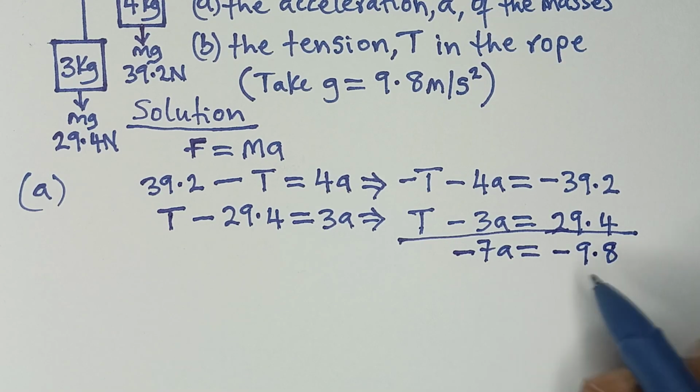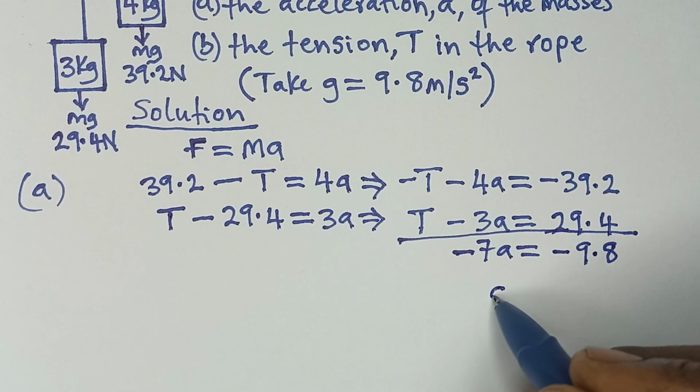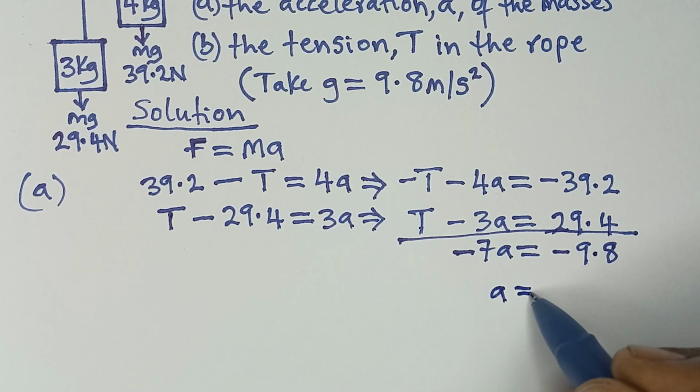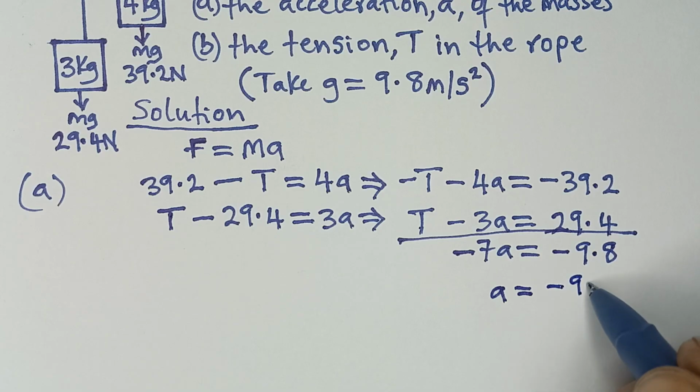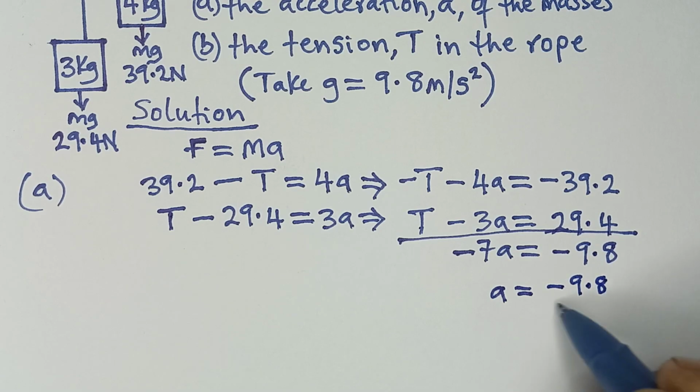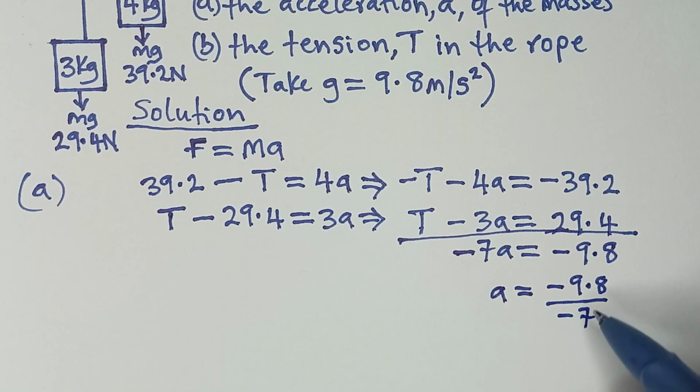So if I divide both sides by negative 7, I'll be left with A is equal to negative 9.8 divided by negative 7. The negative sign will cancel negative sign and we are left with 9.8.